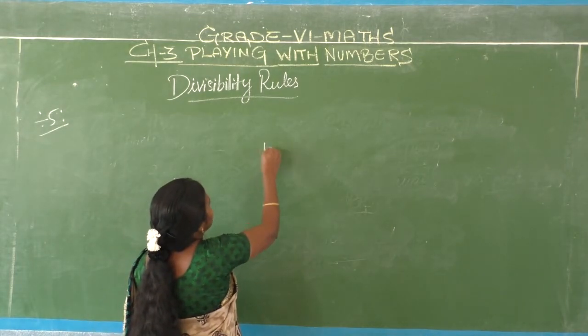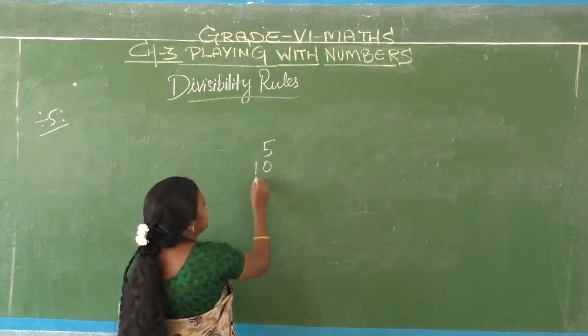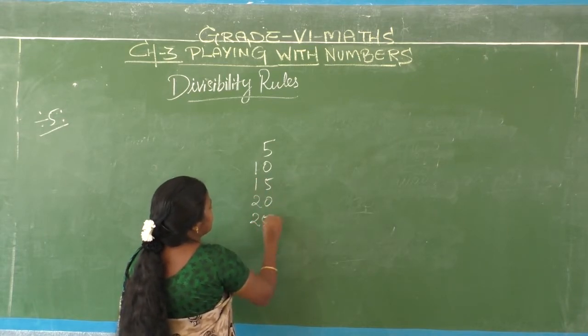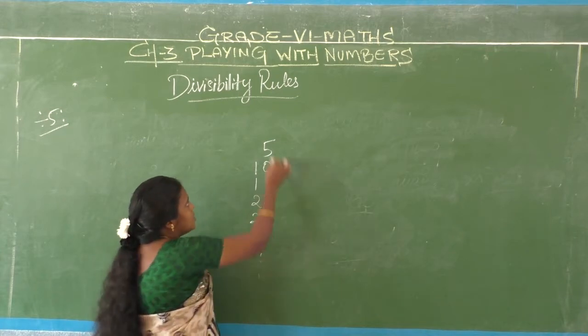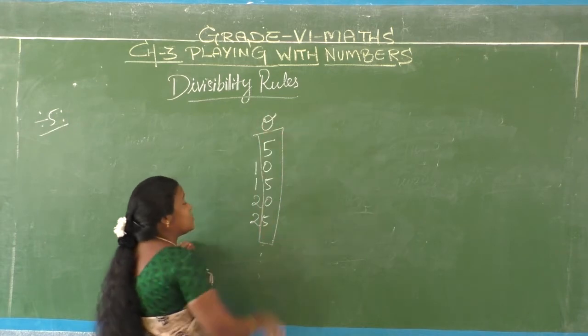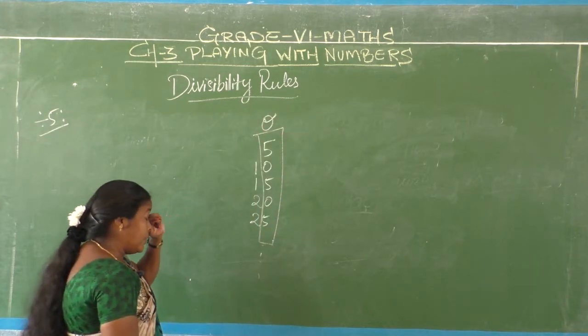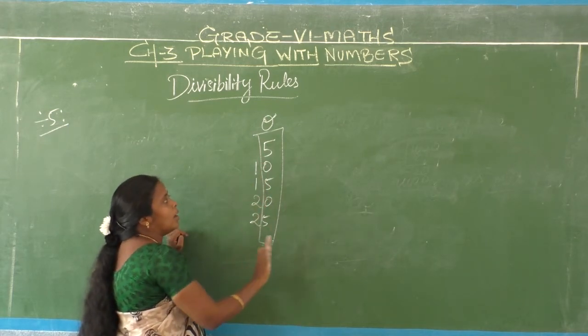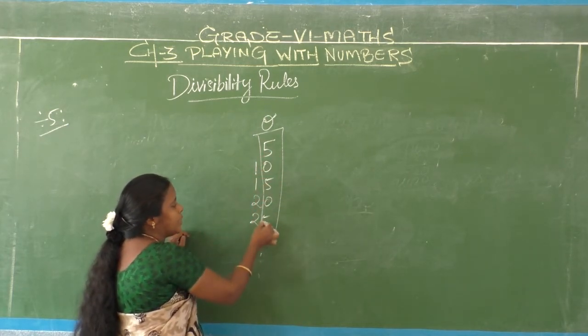See, 1 5 is 5, 2 5s are 10, 3 5s are 15, 4 5s are 20, 5 5s are 25, etc. Just watch the ones place numbers of multiples of 5. Which numbers are repeatedly coming here? 0 or 5. 5, 0, 5, 0, 5, 0, like that only.